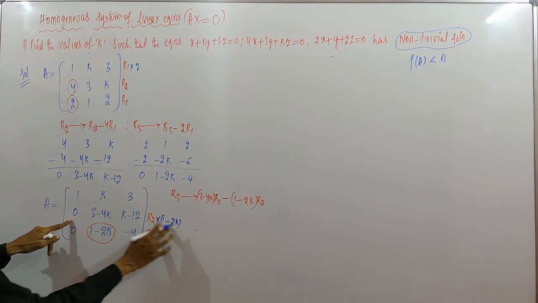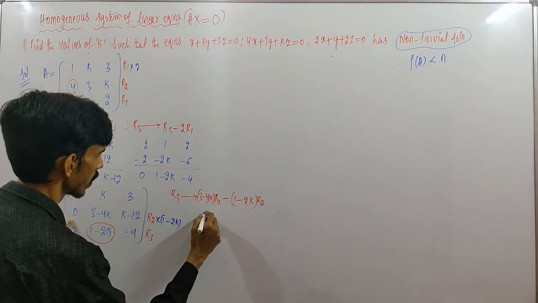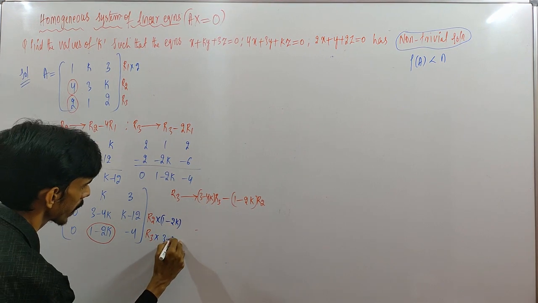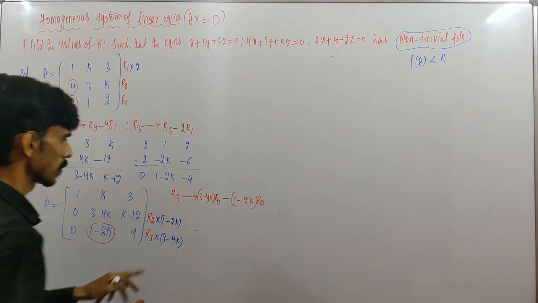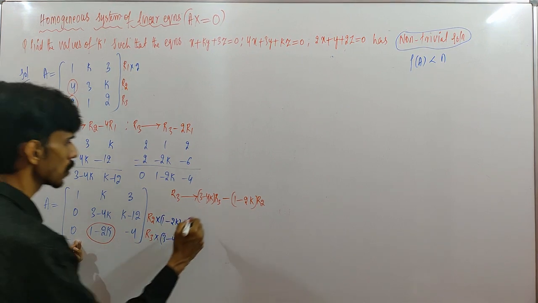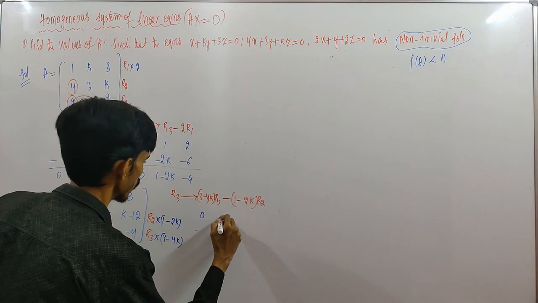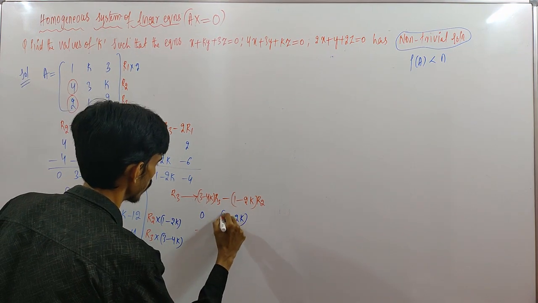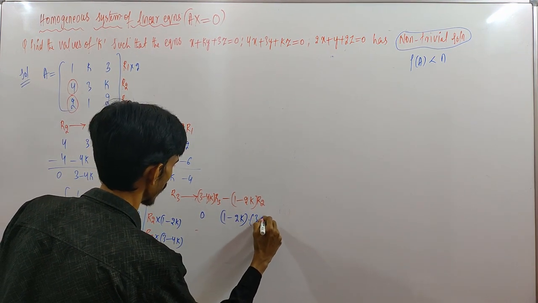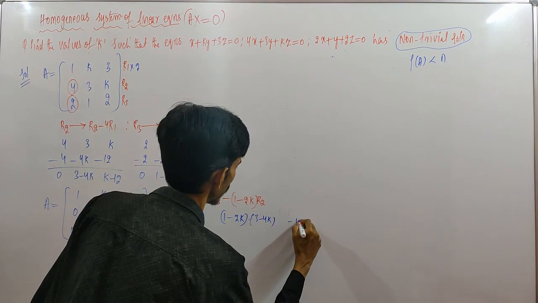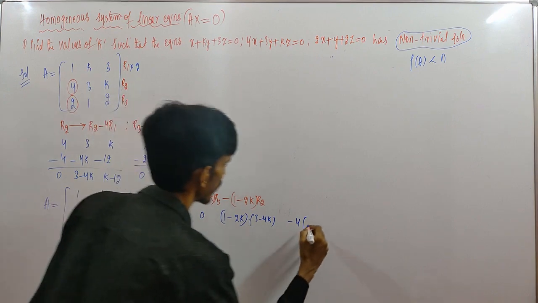Now this will become 1 minus 2k into 0, and for the first entry 3 minus 4k into 0 is 0. Then 3 minus 4k into 1 minus 2k, so we have 1 minus 2k into 3 minus 4k. Now 4 into 3 minus 4k.